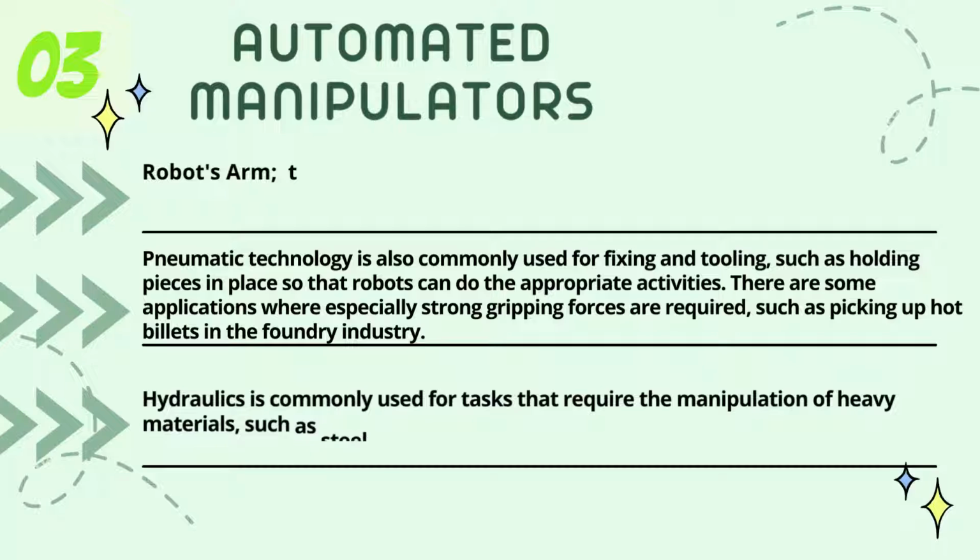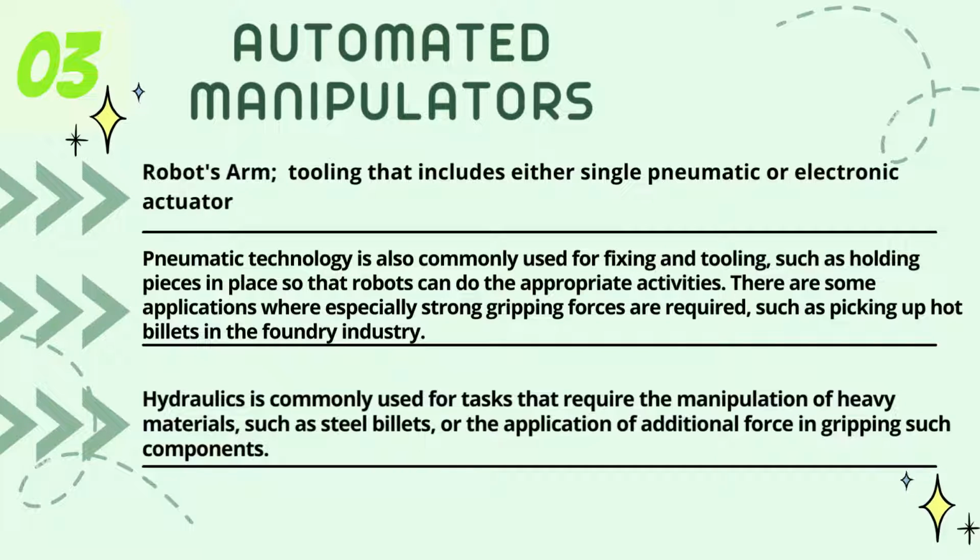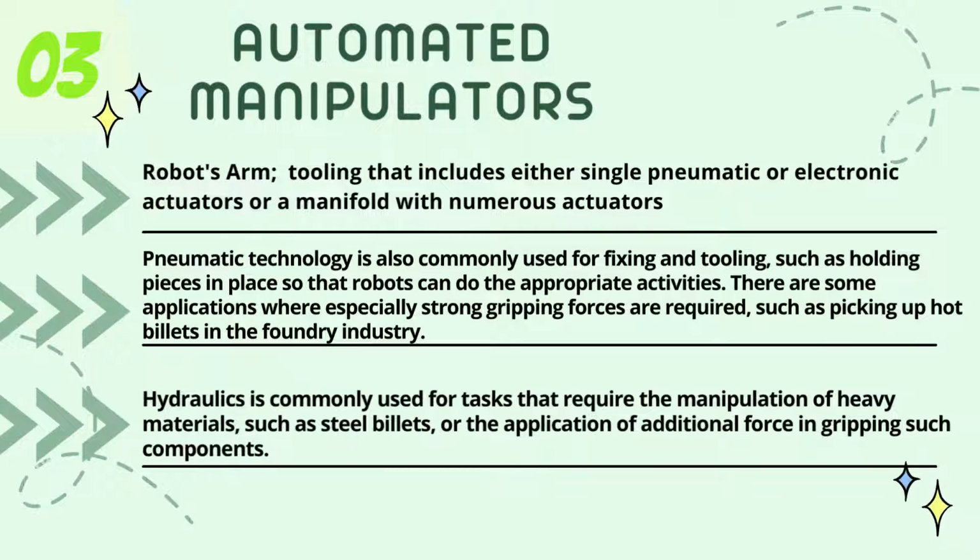Next is automated manipulators, robot arm tooling that includes either single pneumatic or electronic actuators or a manifold with numerous actuators. Pneumatic technology is also commonly used for fixing and tooling, such as holding pieces in place so that the robot can do the appropriate activities.